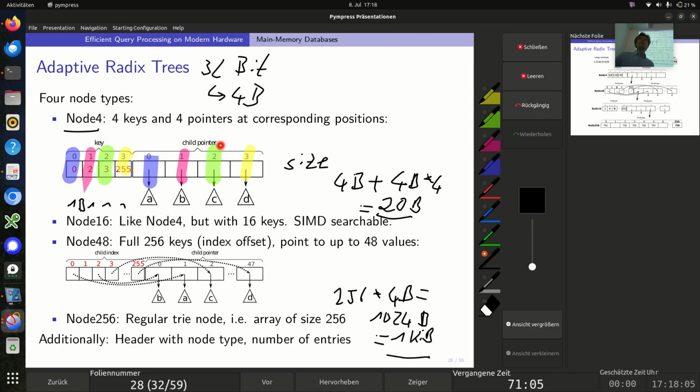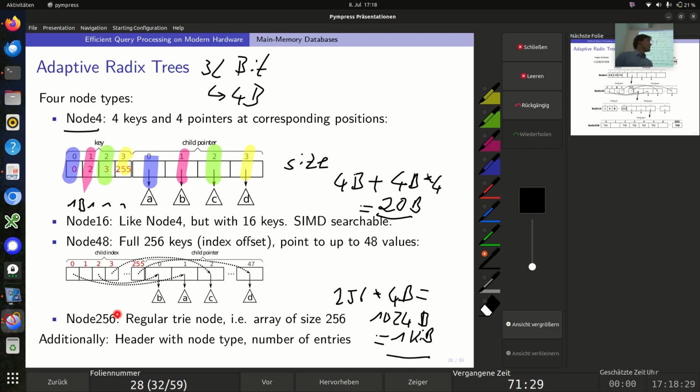And as soon as one node gets bigger, so if we enter the 5th key here, it will be transformed into a node 16, and then if we have more than 16 values, it will be transformed into a node 48, and if we have more than 48 values, it will be transformed into a node 256.